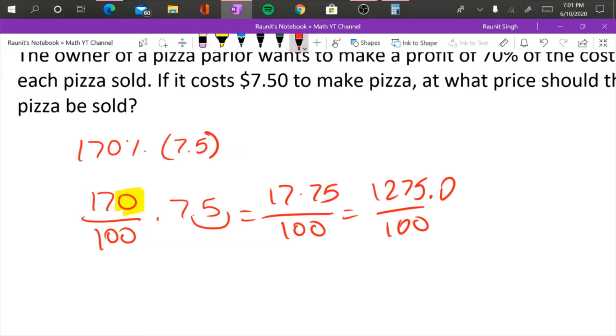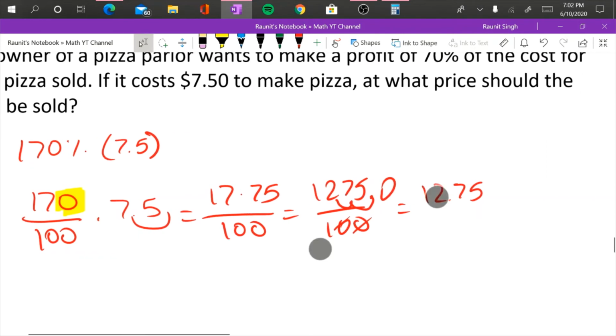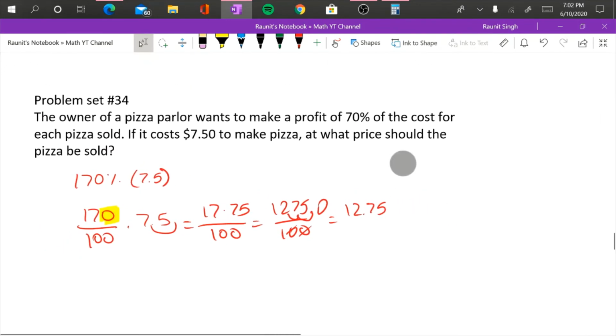Since there are 2 zeros, we move it 2 times to the left, so 1, 2, and that's going to give us 12.75 with no denominator. So he has to raise the price to $12.75 in order to make a profit of 70%.